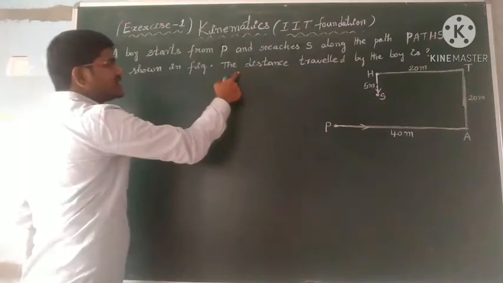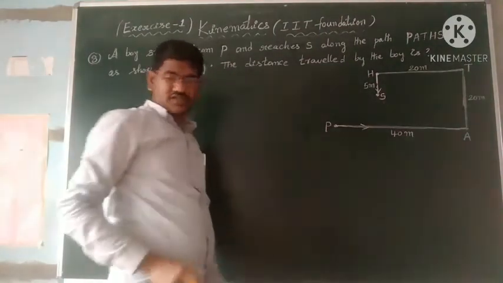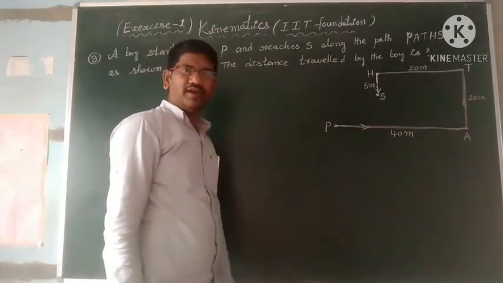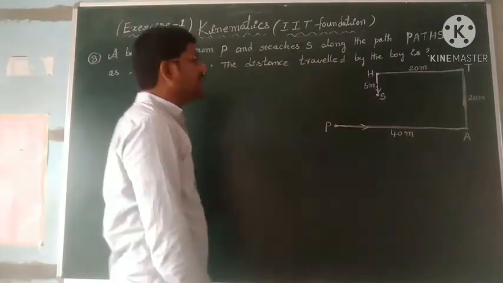So now the distance travelled by the boy is the question mark. We have to find the distance travelled by the boy.